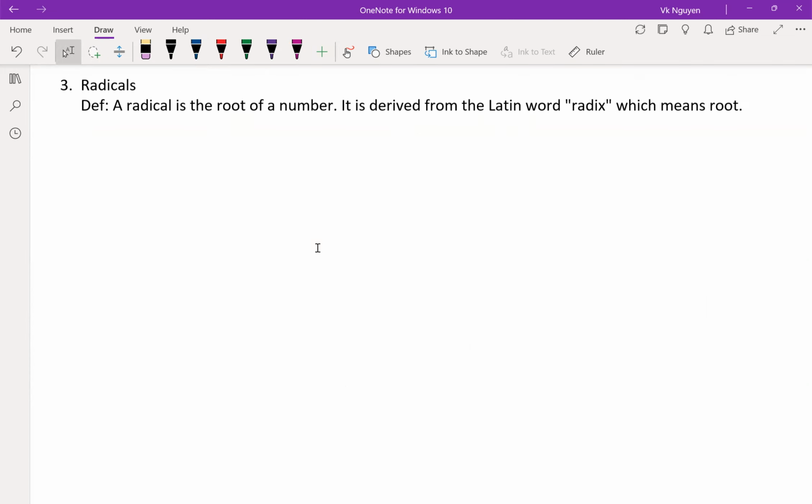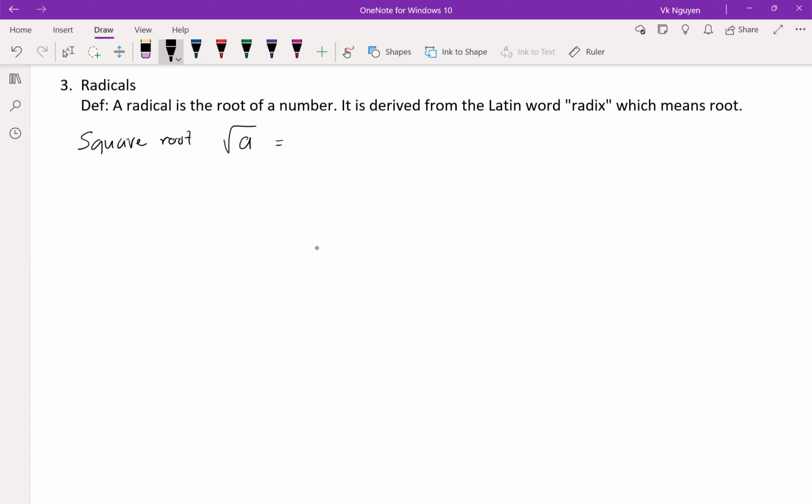Number 3, radicals. A radical is the root of a number. It is derived from the Latin word radix, which means root. We have different kinds of radicals, beginning with square root. Square root of a number is written with this notation, square root of a.